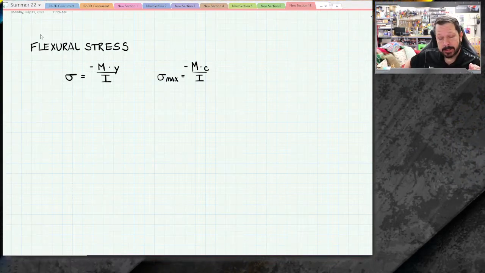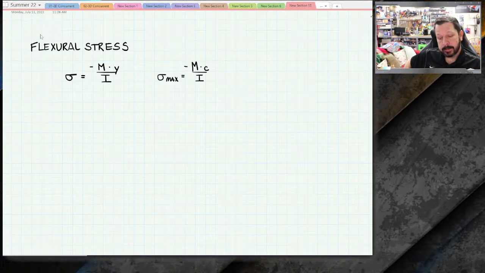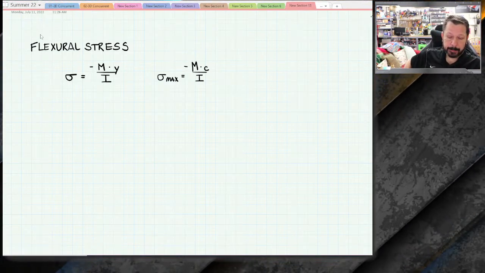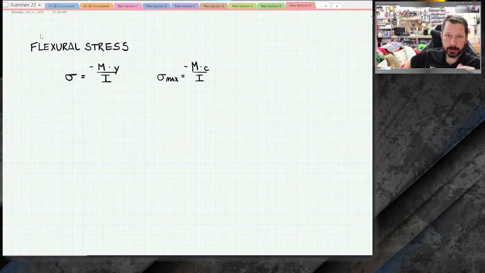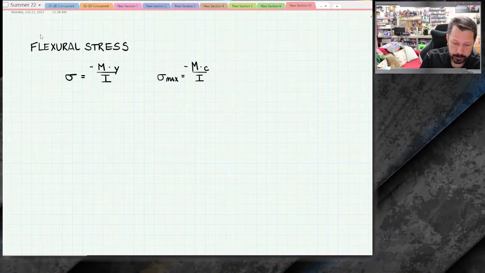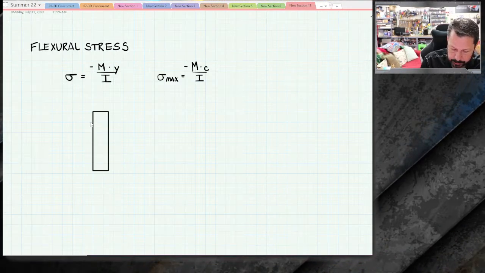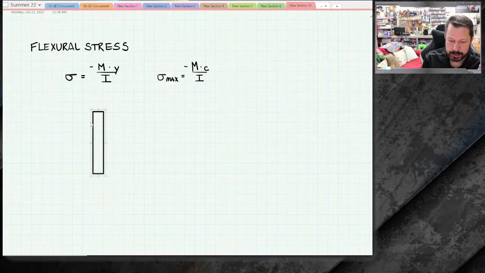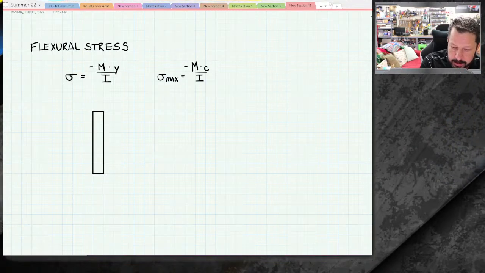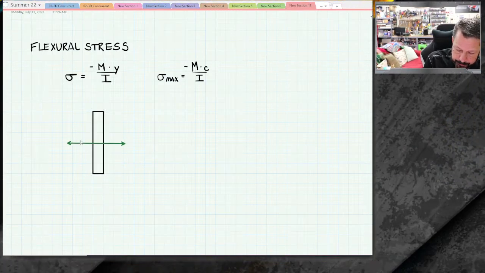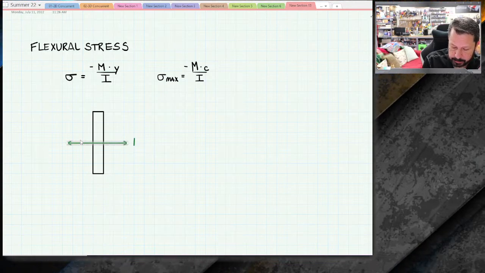Because C is, well, let's talk about Y. Y is the distance from the neutral axis to some point on the beam. So if we had an I-beam, well, let's do a rectangular beam. So there's our beam cross section. And we know that it has a neutral axis right through the center of it.